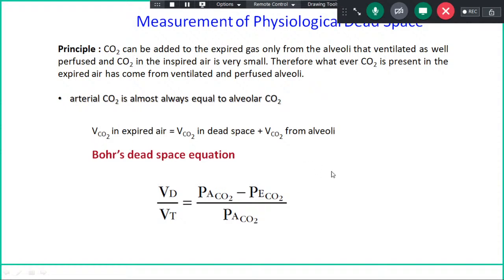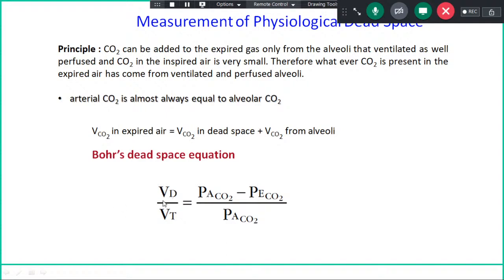So the Bohr dead space equation is Vd by Vt, where Vd is the dead space volume and Vt the tidal volume, equal to alveolar partial pressure of carbon dioxide minus expired air partial pressure of CO2, divided by the alveolar partial pressure of CO2. So this is Bohr's dead space equation, and we can find out the Vd.